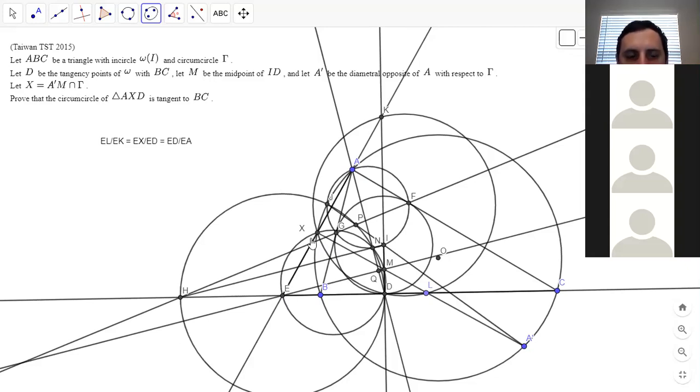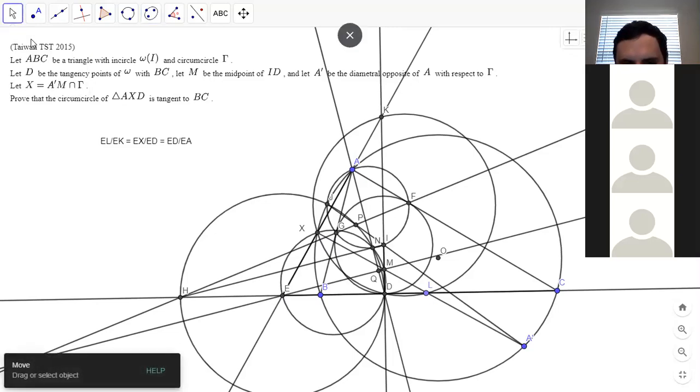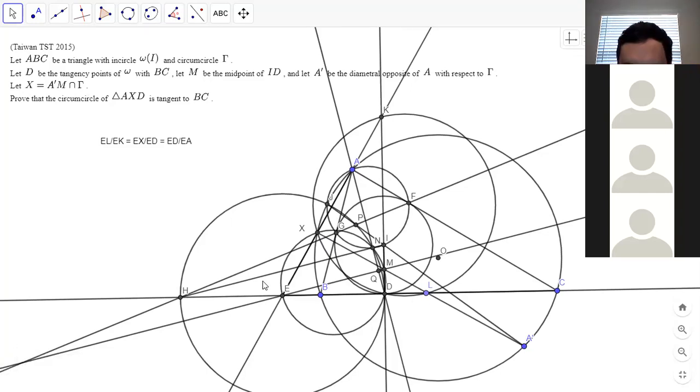So let's say E prime D squared is equal to E prime B times E prime C, right?